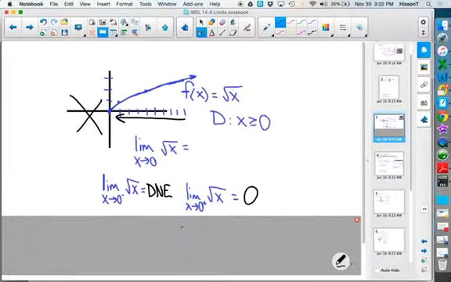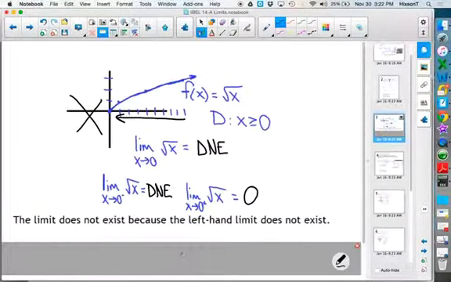Now, since this doesn't exist, we automatically now know this does not exist. Okay? Because both of these would have to exist and be equal. Okay? So the limit doesn't exist because the left-hand limit doesn't exist.